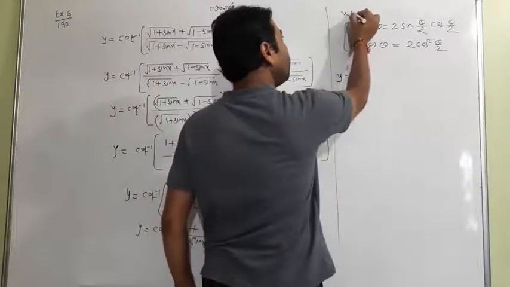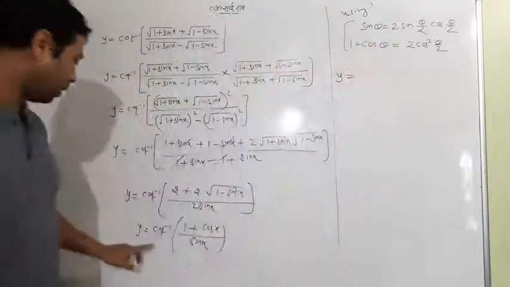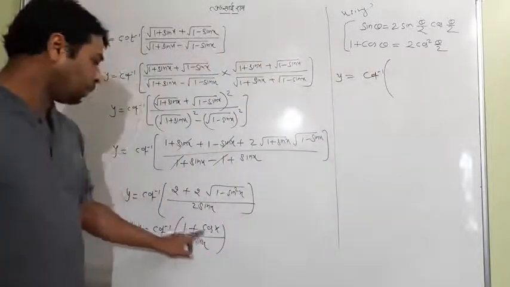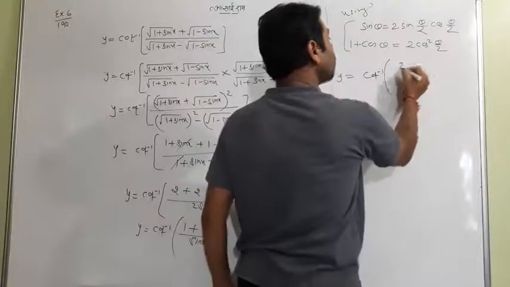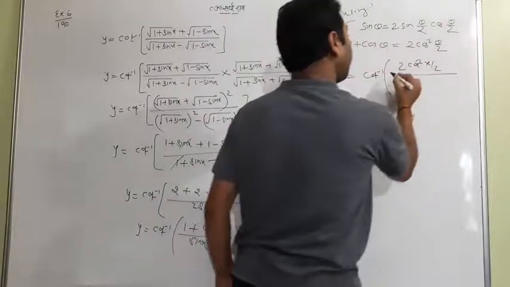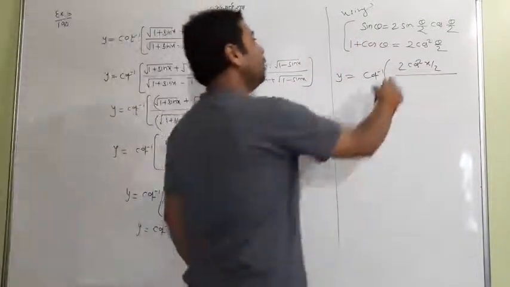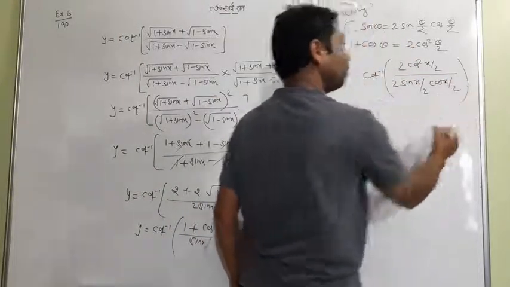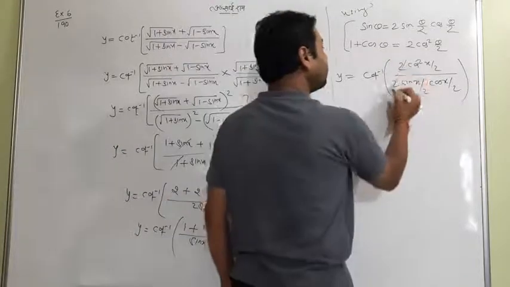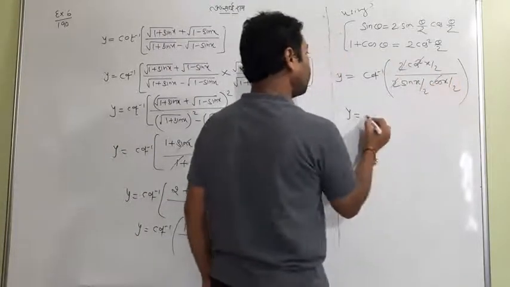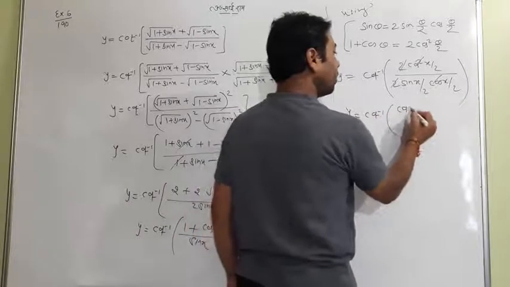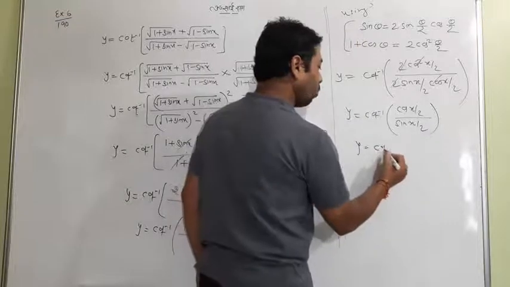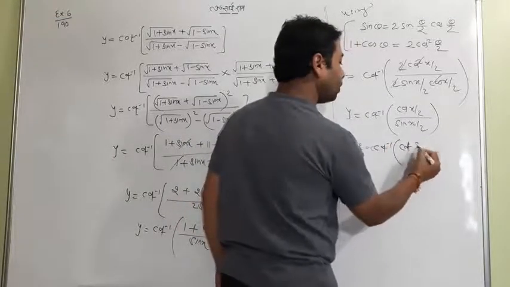Using the same formulas, we have y is equal to cot inverse of 1 plus cos x, which is 2 cos square x by 2, upon sin x, which is 2 sin x by 2 cos x by 2. Now 2 and 2 will cancel, cos and cos will cancel. We now have the term cos x by 2 upon sin x by 2. And the final answer is cot inverse of cos by sin, which is cot x by 2.